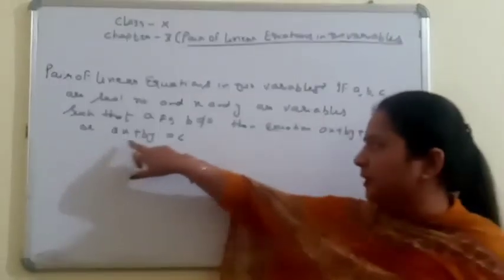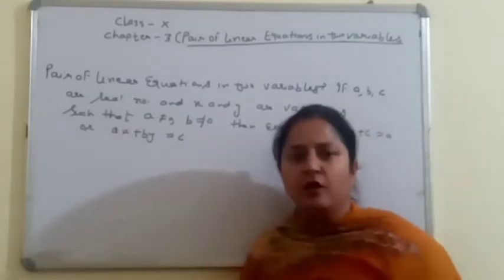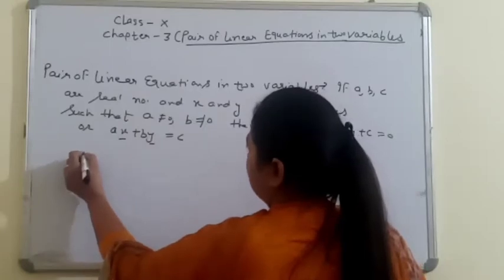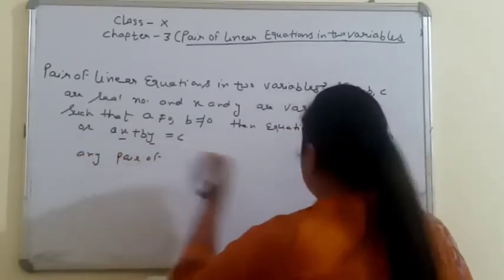Here a and b are the coefficients of the variables x and y, and c is the constant value.